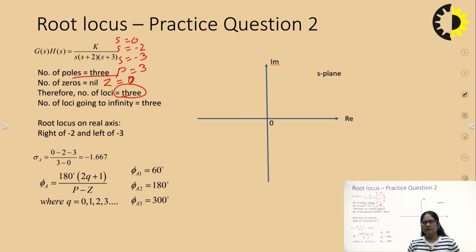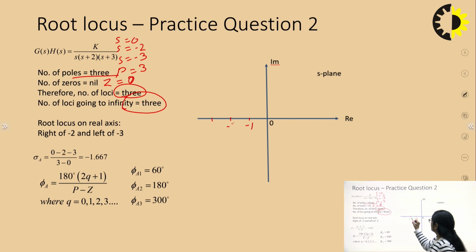That means varying the parameter K from 0 to infinity, the locus will start at the open loop pole at K equal to 0 and will terminate at infinity at K equal to infinity. The number of loci going to infinity is 3. Where is the root locus on the real axis? So, let's mark the real and imaginary axis.